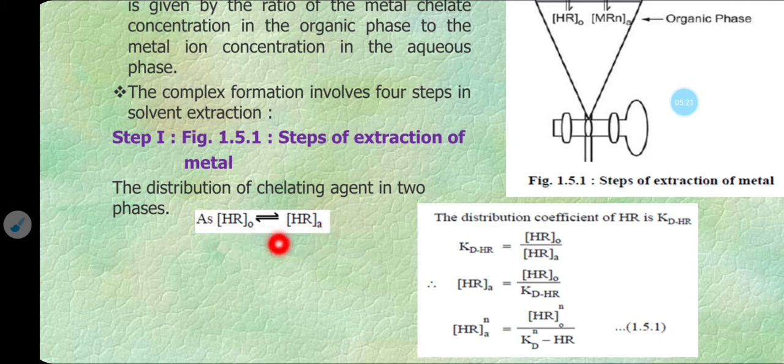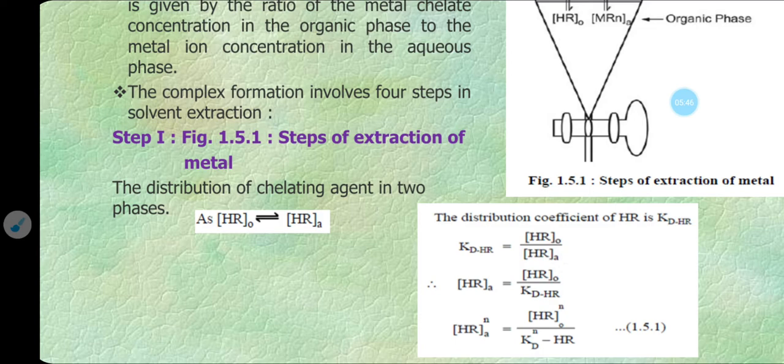This equilibrium shows the distribution coefficient, K D of HR, the distribution coefficient for chelating reagent HR, which is equal to the concentration of chelating reagent in organic divided by the concentration of chelating reagent in aqueous. Now rearrange this equation.